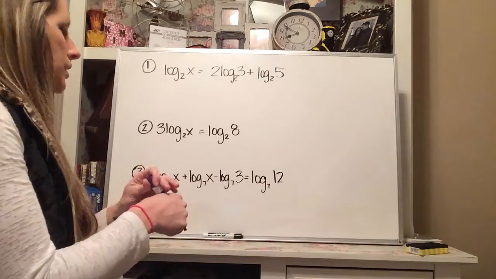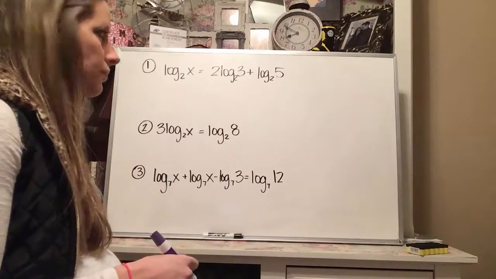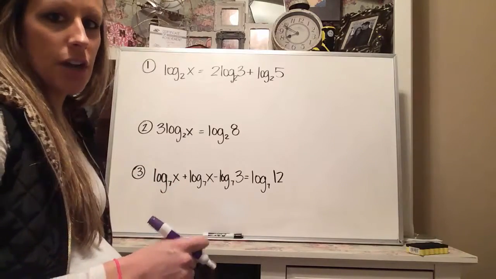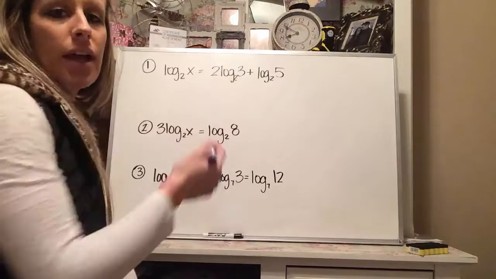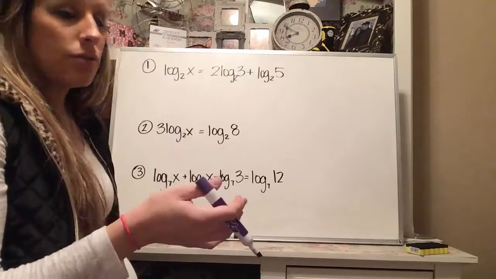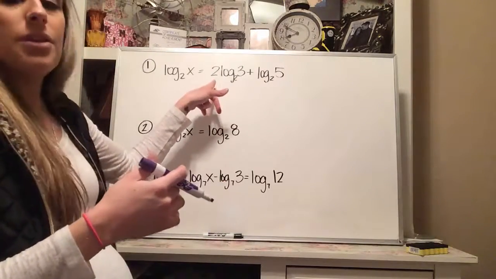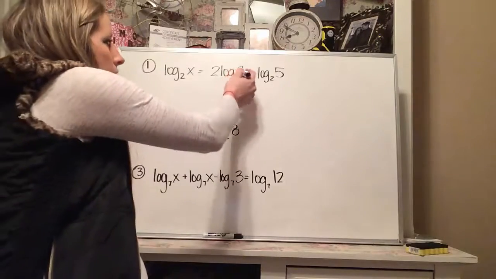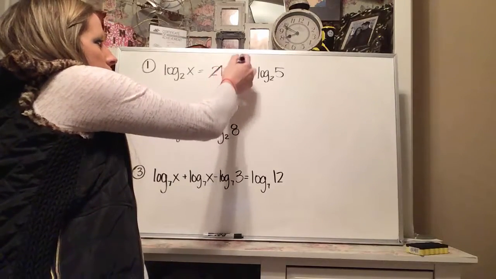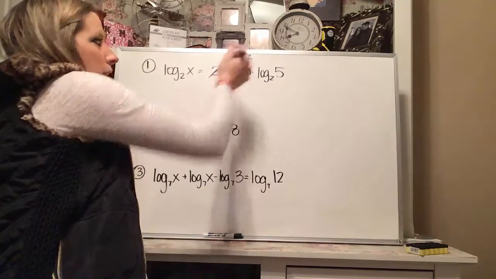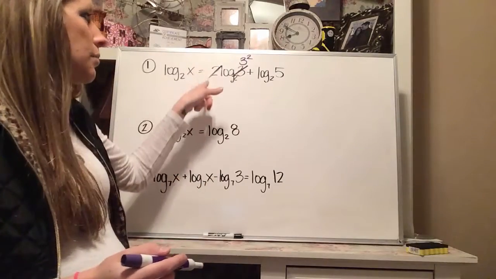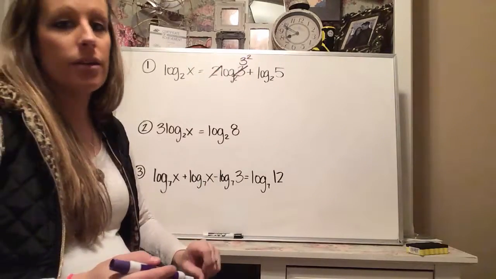Okay, so we're going to condense it. Now on the first term on the right side, we have a 2 in front. Remember, if you have a number in front, that means that's going to be your power. So this will actually change to 3 squared, right? If you have a number in front, that becomes your power.